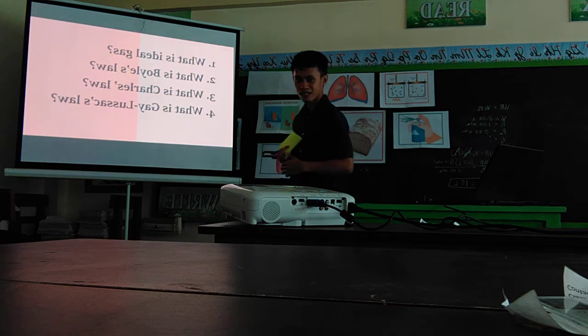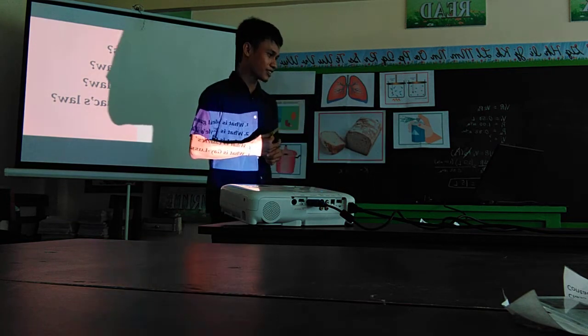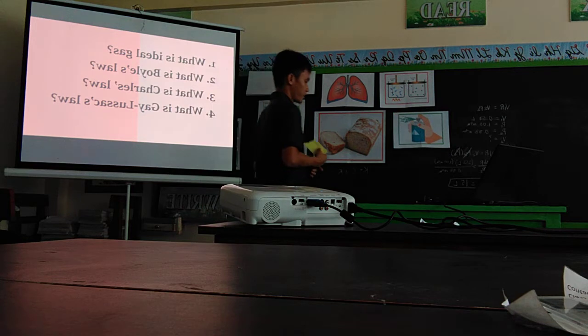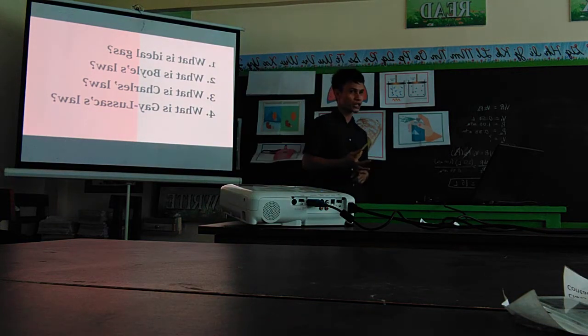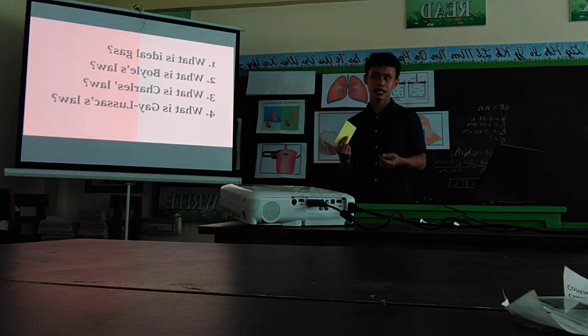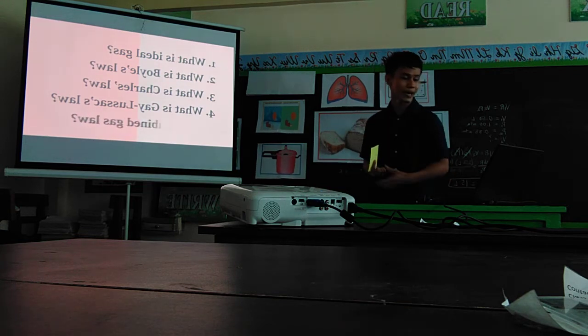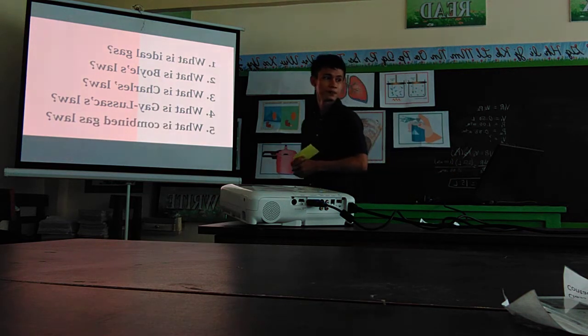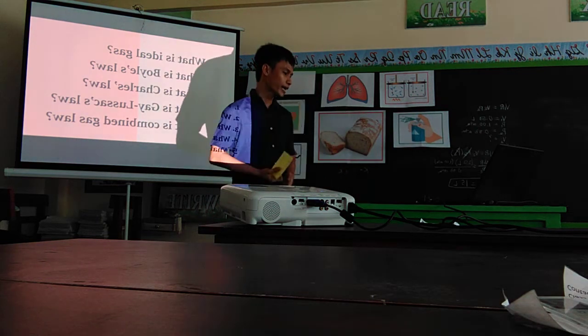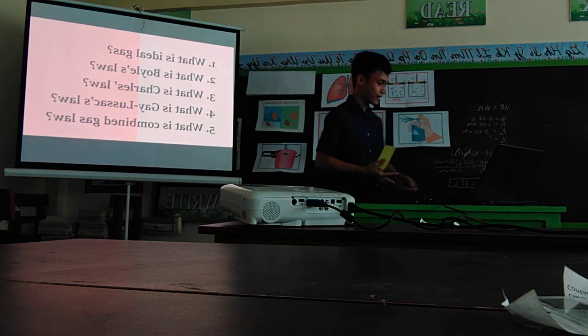Next is Gay-Lussac's law. Scheiker. Okay, according to Scheiker, when pressure is directly proportional to the temperature, the volume must be constant. And what about the combined gas law? Nico. Okay, combination of all gas laws.